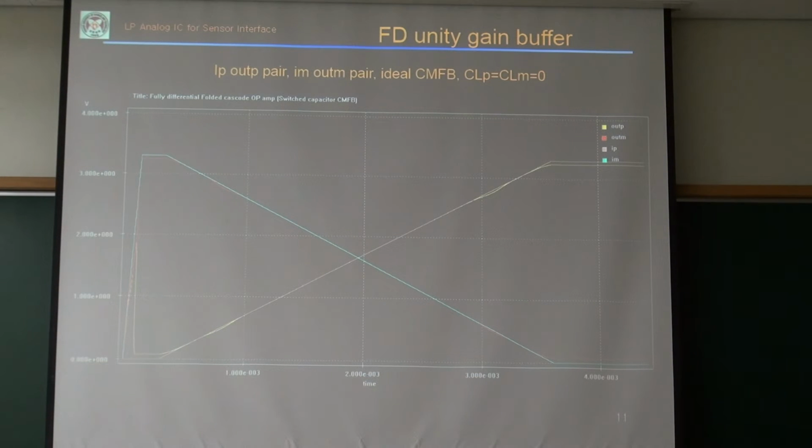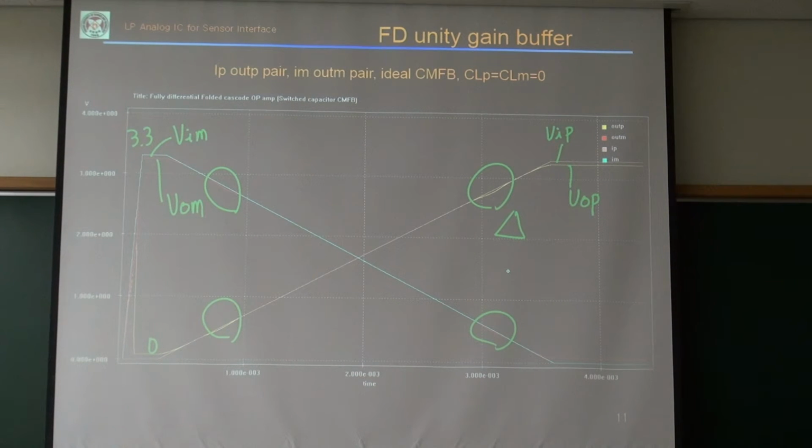So here, we have a pretty good result. See here, this one is my VIP, yellow one is VOP, and then this blue one is VIM, red one is VOM. Yeah, this is from 0 to 3.3. They track each other pretty good, except those some strange places. This is no good.